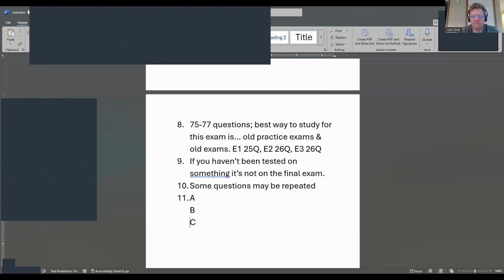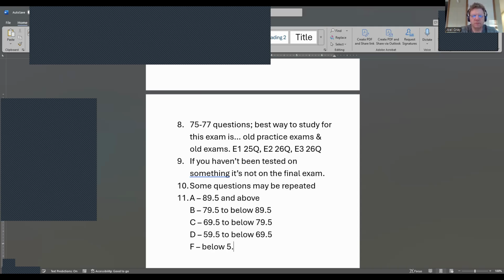A, B, C, D, F. An 89.5 and above will absolutely be an A. 79.5 to below 89.5 is a B. A 69.5 to below a 79.5 is absolutely a C. A 59.5 to below a 69.5 is a D, and anything below 59.5 is a failing grade, is an F.